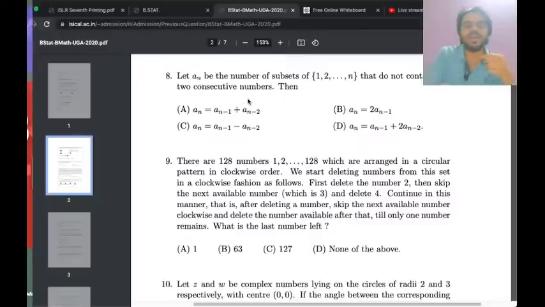So in that way you have to do an minus 1 and an minus 2, and there's some kind of relation between them. You just have to find that out, right? So I'll also be skipping this question.